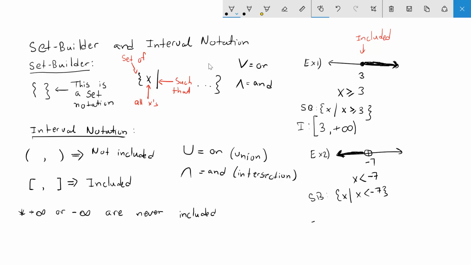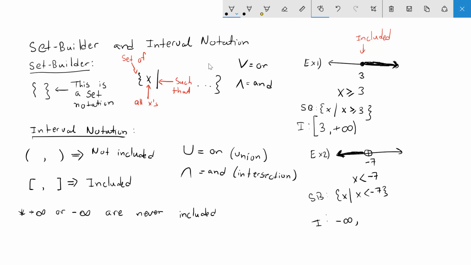Now interval notation, again, is a little bit trickier. Let's see where we start. We actually start at -infinity and we go all the way up to -7. Why? Because it's shaded towards the left of -7. It doesn't start off at -7 like question 1 started off at +3. So we come from -infinity and go all the way up to -7.